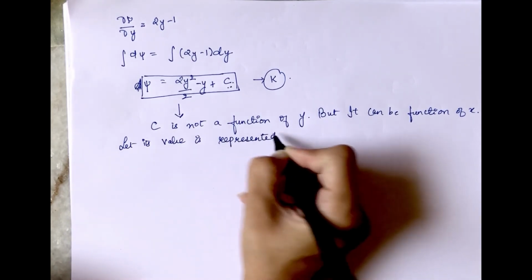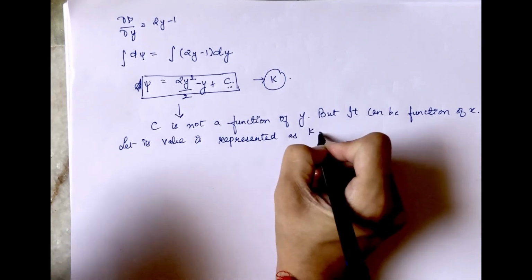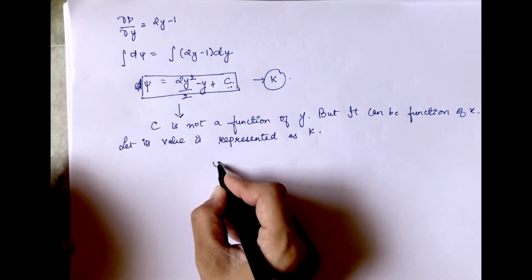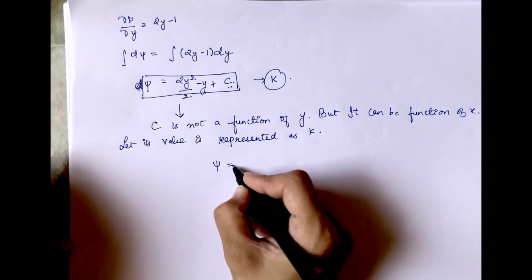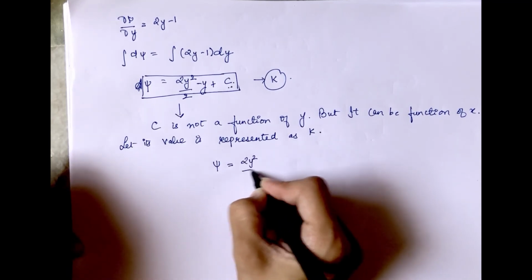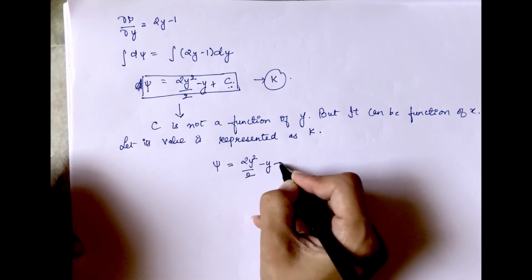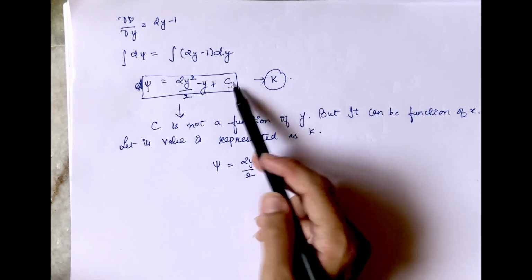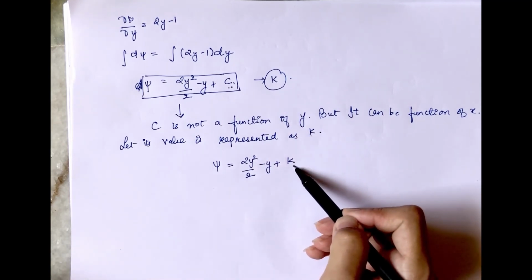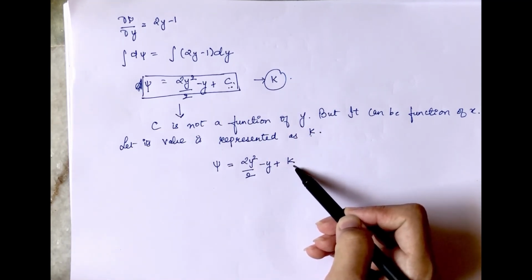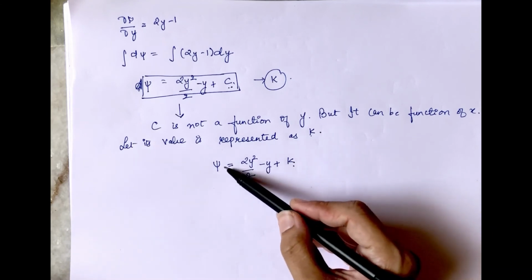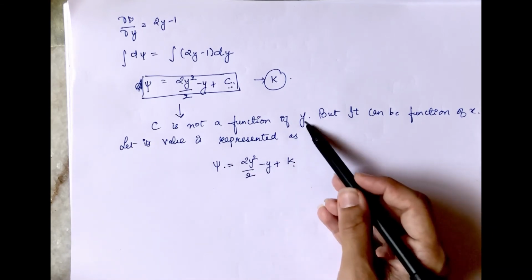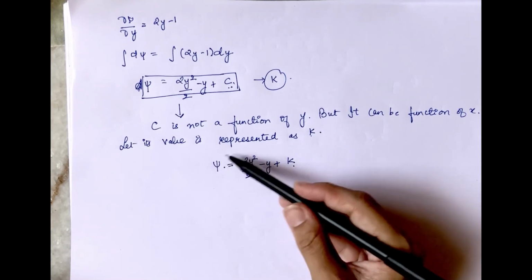So now writing the above equation, psi is equal to 2y square by 2 minus y plus k. And now differentiating the above equation with respect to x, because as I said, it is not a function of y but it can be a function of x.